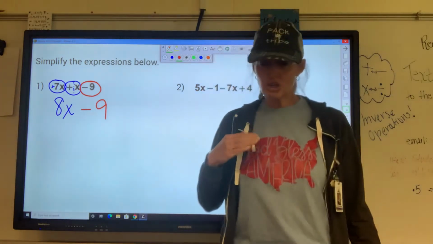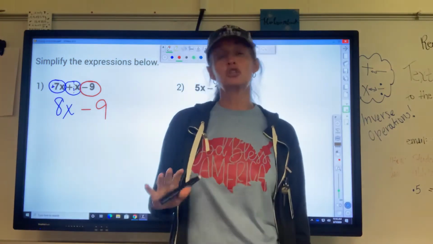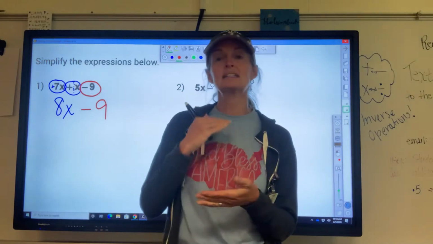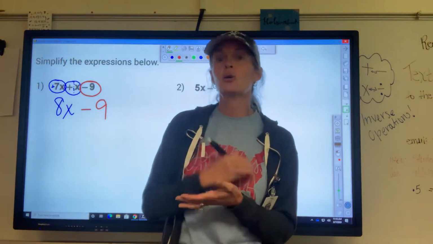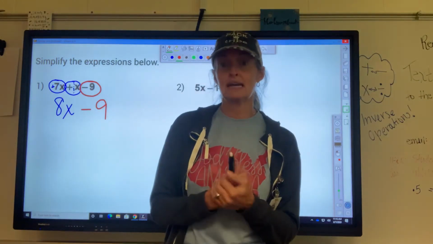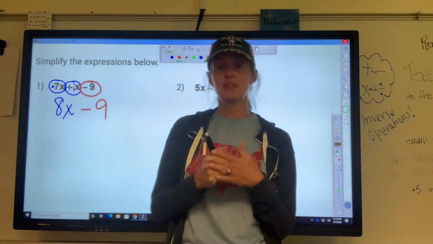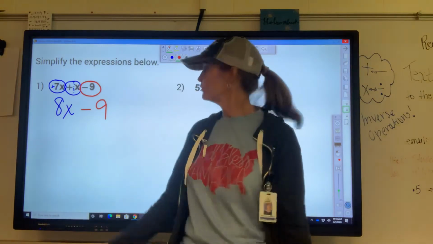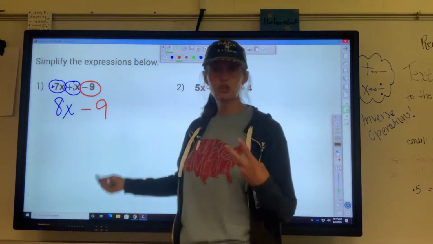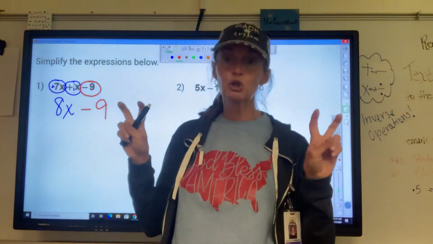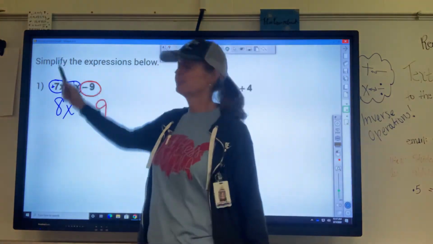So terms become like terms when they have the exact same letters. The letters are what make the terms alike, and they have to be exactly the same letter. So if we simplify that, we went from 3 terms to 2 terms. That's a little bit simpler. That's why it's called simplify.